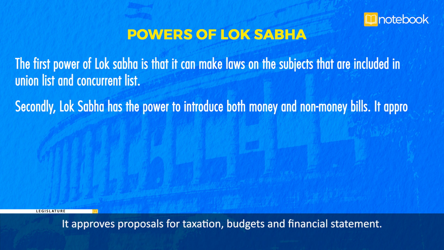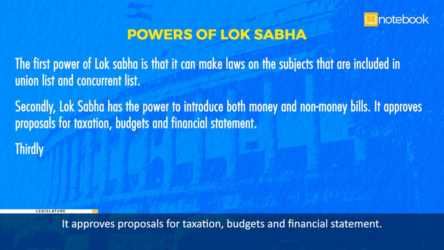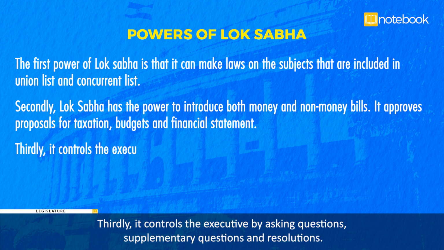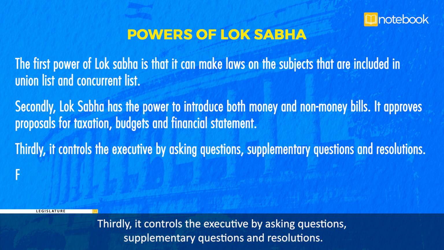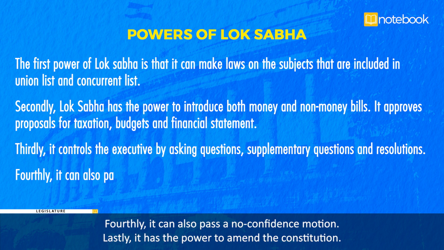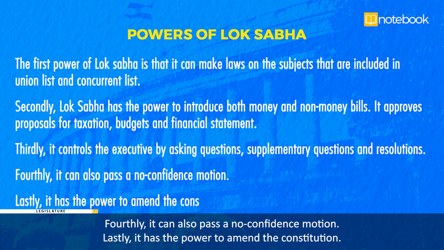It approves proposals for taxations, budgets, and financial statements. Thirdly, it controls the executive by asking questions, supplementary questions, and resolutions. Fourthly, it can also pass a no confidence motion. Lastly, it has the power to amend the Constitution.